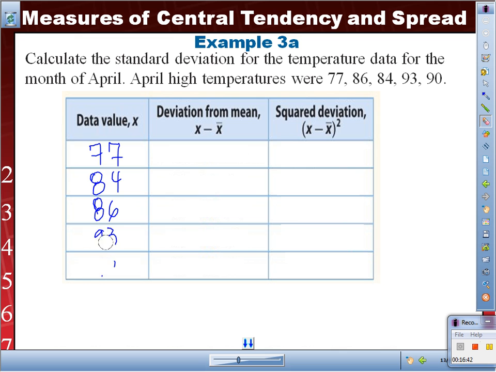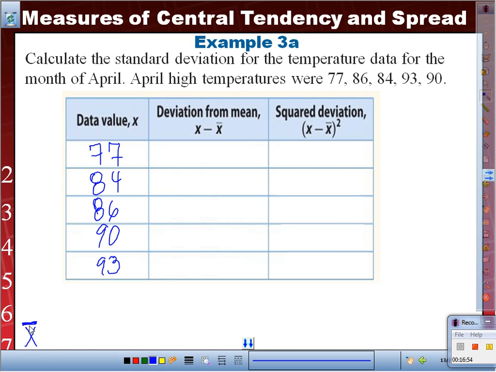Yes, my bad. I put these backwards. 90 and 93. The next thing we need to do is find chi. Look up. Does everybody know what chi means? Tell your neighbor, please.